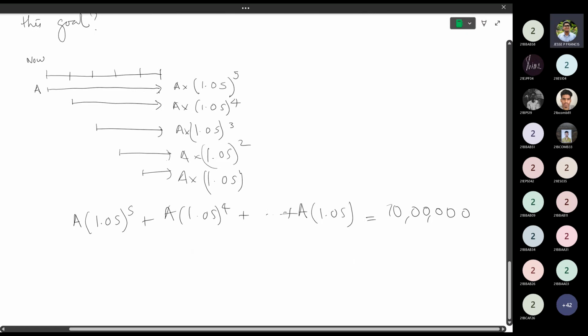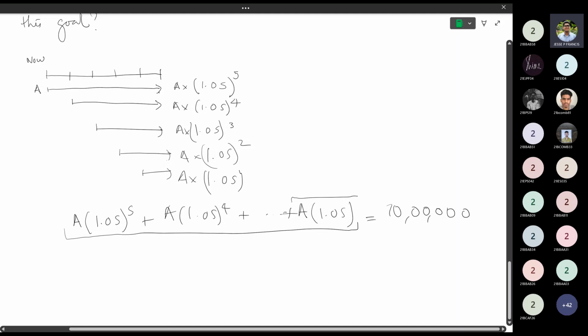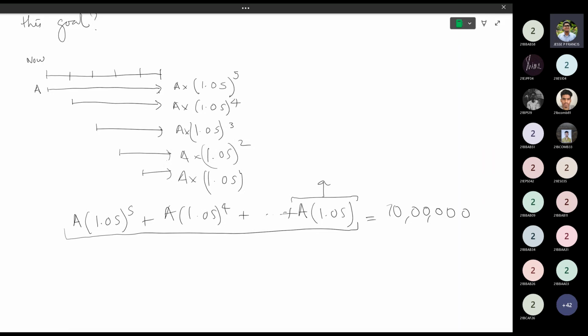We are compounding annually, and we don't have any closed formula for this. Only thing you have to do is read the geometric progression well. In this case, first term of the geometric progression is A into 1.05. And common ratio is 1.05.